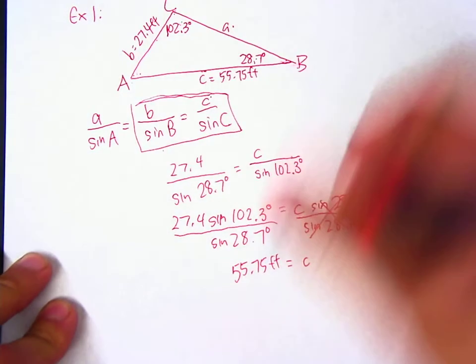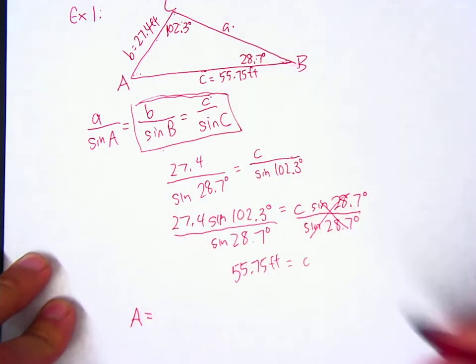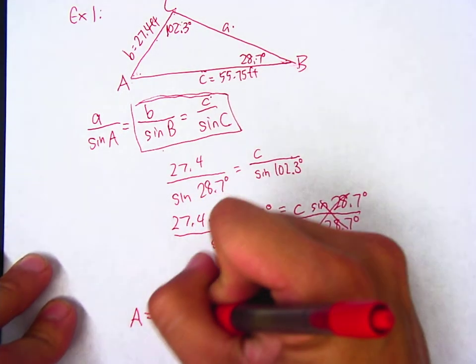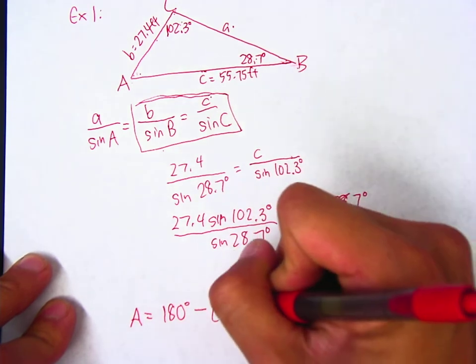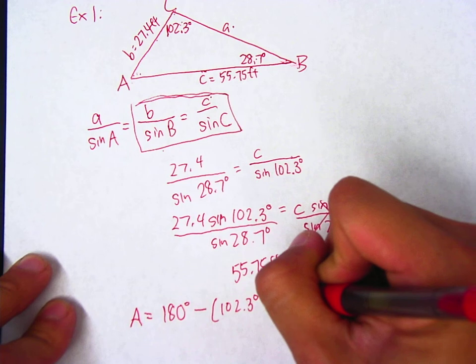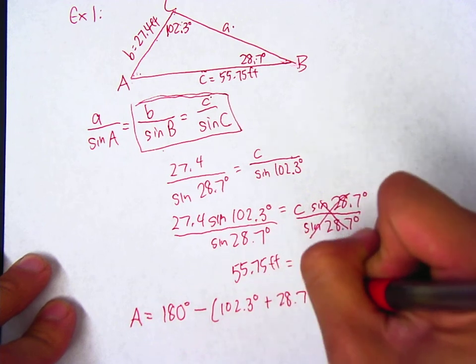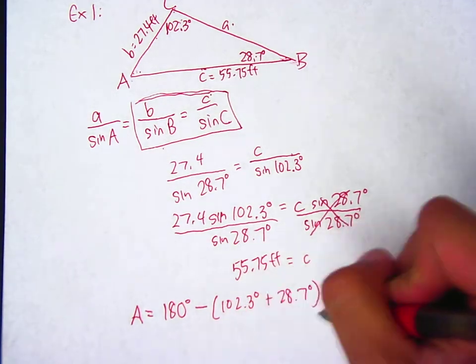So angle A would equal 180 degrees, because it's a triangle, and then I'm going to subtract 102.3 degrees plus 28.7 degrees. 102.3 degrees plus 28.7 degrees is 131 degrees.